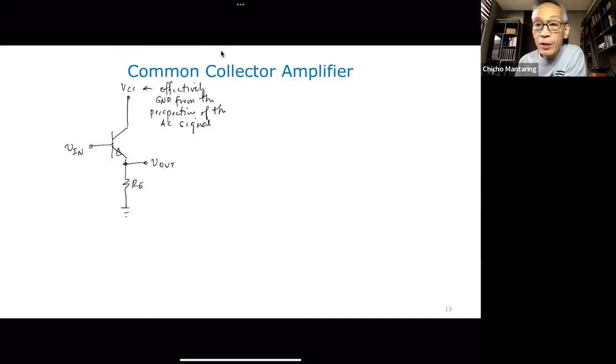Okay, so let's try to derive a relationship between V in and V out. What is V out in terms of V in? Okay, let's do that. V out is really V in minus VBE. Now we know that IC is equal to I_S times e to the VBE over V_T, minus 1.